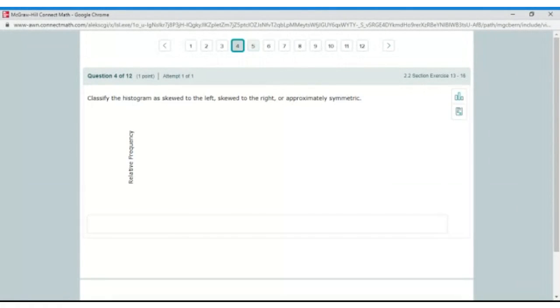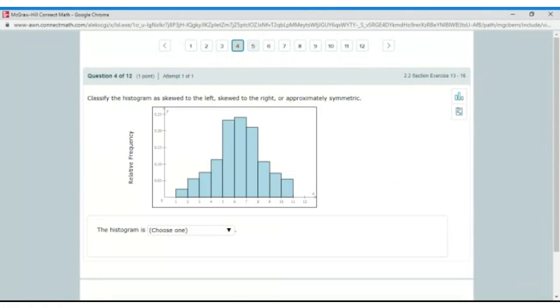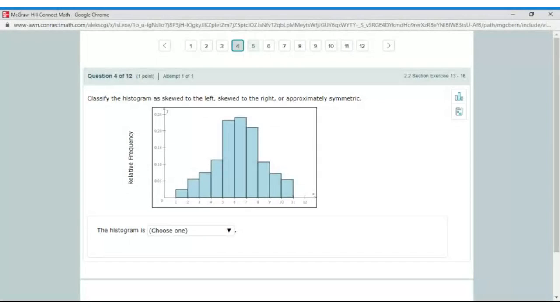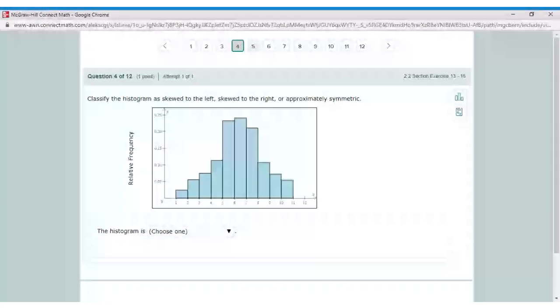Okay, so this one is asking whether it's skewed right, skewed left, or approximately symmetric. Now, if it's skewed left, you wouldn't have all these bars coming down on the right. It's more or less like a mountain, straight up. You've got a hump and then you come back down.